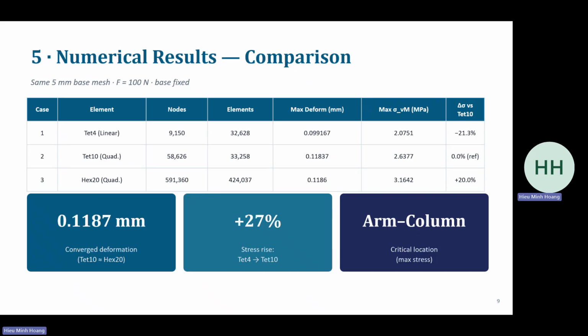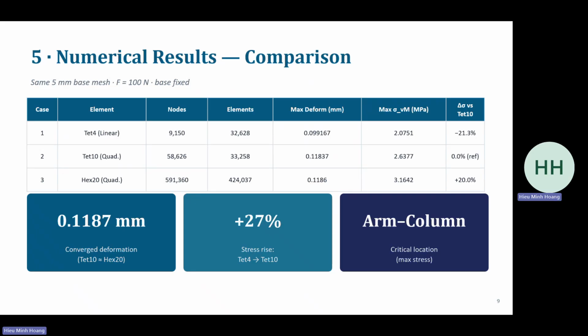So the next one is the numerical results. Now I compare all three element types. Same 5 millimeter mesh, same 100 Newton force, and same fixed base. TET4 gives the lowest values. Its stress is 21% below TET10, and TET10 is my reference.